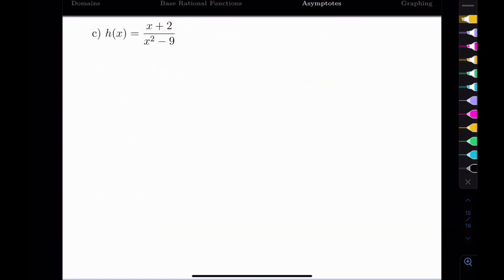So let's try one more of these. We've got x plus 2 over x squared minus 9. Again, we want to factor these as much as possible, and because it's minus 9 in the bottom, this does actually factor: x minus 3 and x plus 3. So for our vertical asymptotes, we set each of these factors in the bottom equal to 0.